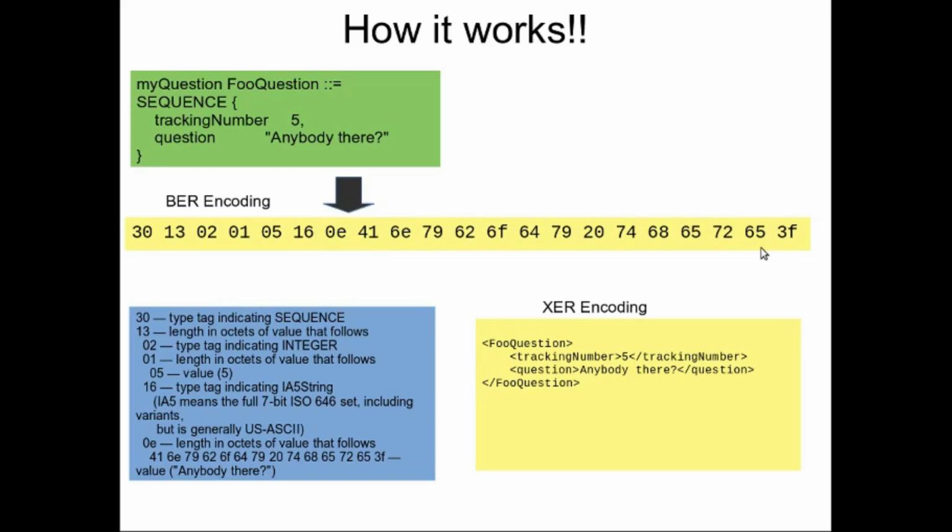And what is the message? "Anybody there". This 41 is for A, 6e for n, and so on. This way we have converted one message to a bit string, and when the same thing reaches the other party, it will assemble this again into this format and send it to applications.